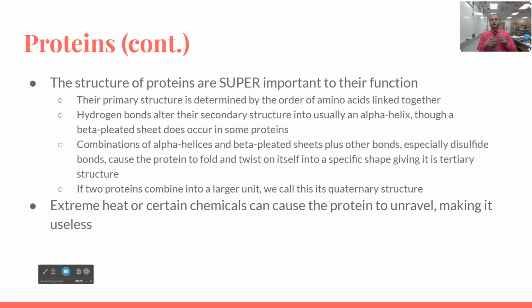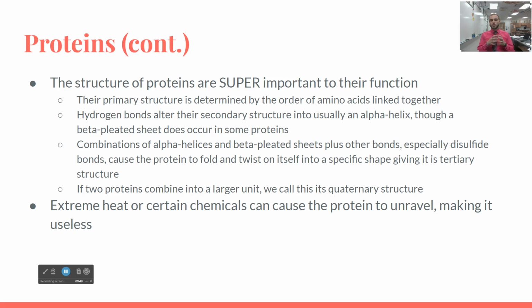But that's going to be hydrogen bonds between different amino acids, and then the interactions between your alpha helices with other alpha helices or with beta pleated sheets, as well as some other bonds, things like disulfide bonds. So with sulfur here, that's going to cause the protein to start folding and twisting on itself to give it its tertiary structure.